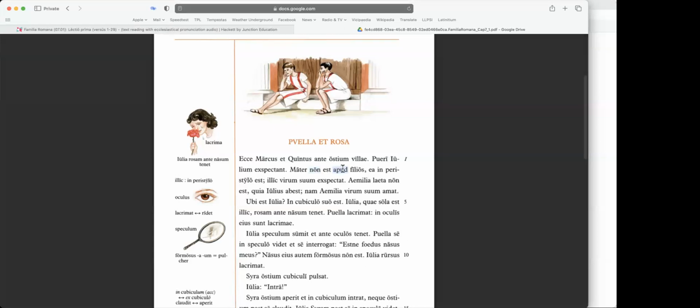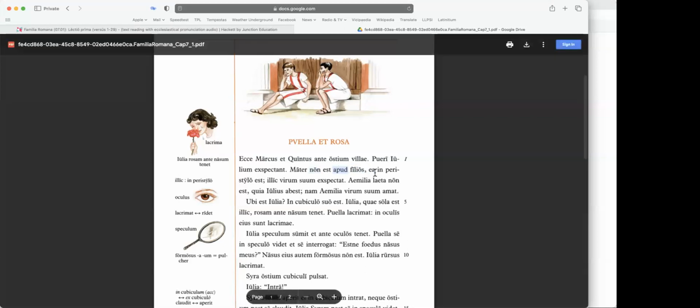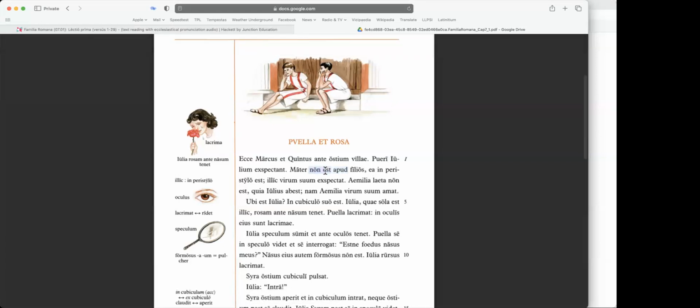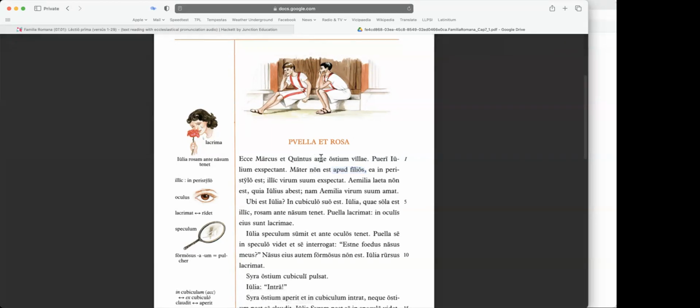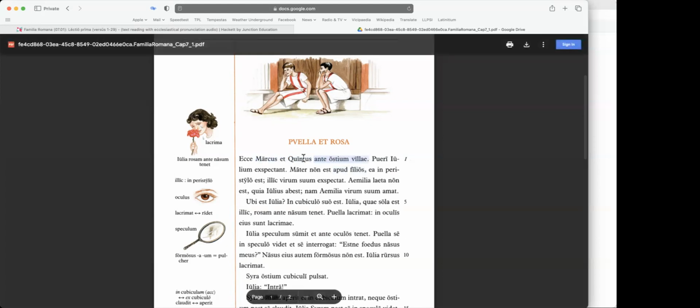But a preposition and the noun that is associated with that preposition cannot be split. Likewise, the non and the est cannot be split. So you could take the mater, the non est, and the apud filios, and think of those as three units and move them around any way you want. Likewise, you could do the ante ostium villae, and then the Marcus et Quintus, and you could say ante ostium villae Marcus et Quintus est.